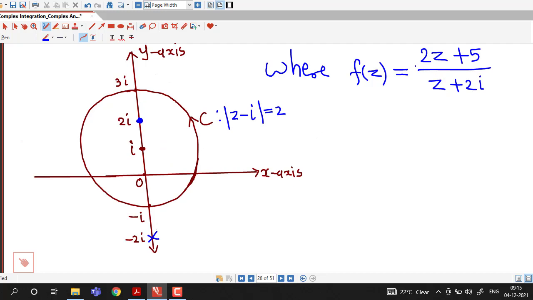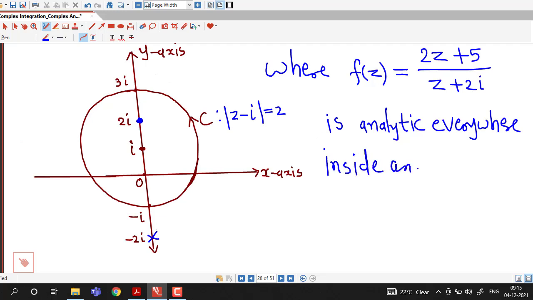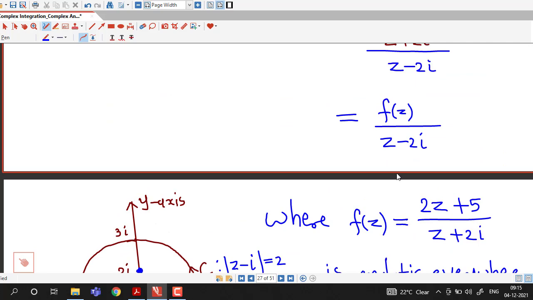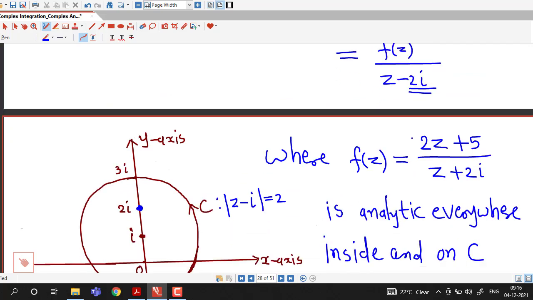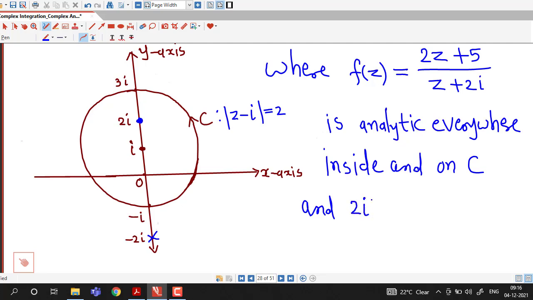So if we consider f(z) = (2z + 5)/(z + 2i), then this function is analytic everywhere inside and on this circle, which is a simple closed contour. And if we concentrate on the point 2i, then 2i is interior to this circle. So 2i lies inside C.